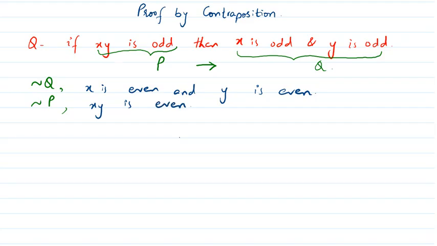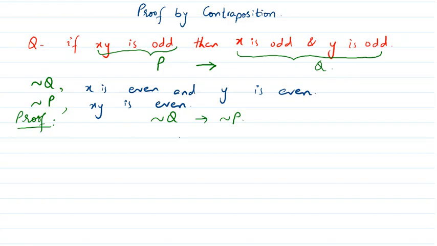Because P क्या था? xy is odd. उसका reverse क्या हो गया? xy is even. So let's start with the proof. Where we have to follow the approach that we have to prove that not of Q implies not of P. Now, this is the hypothesis, the given fact, and using this fact, we have to reach this conclusion.